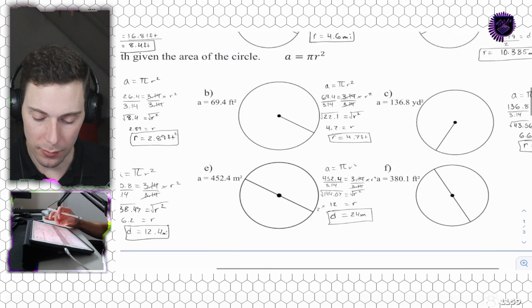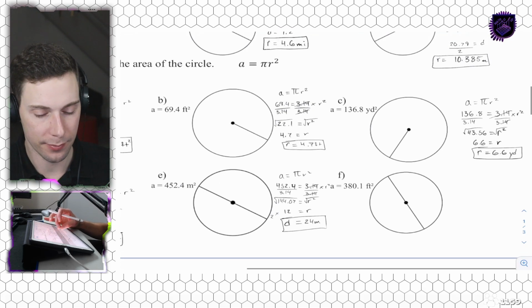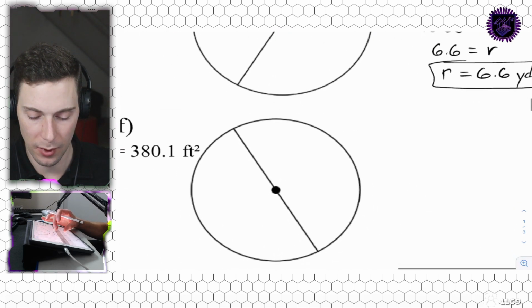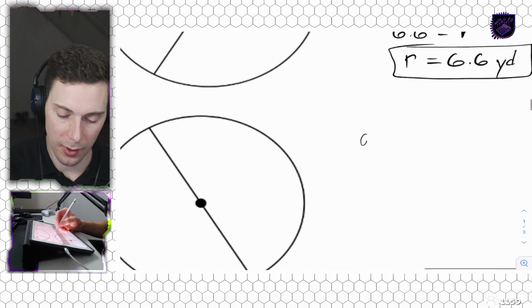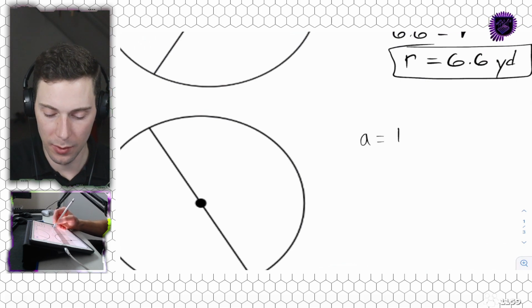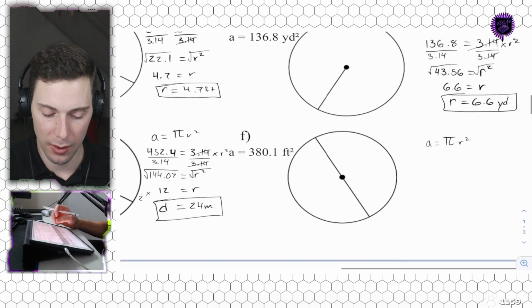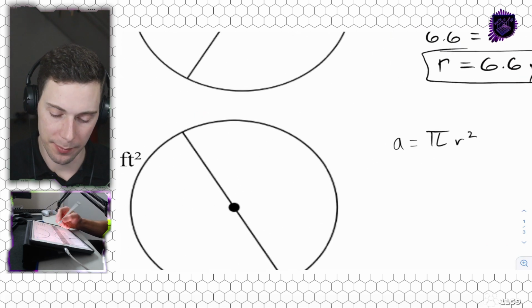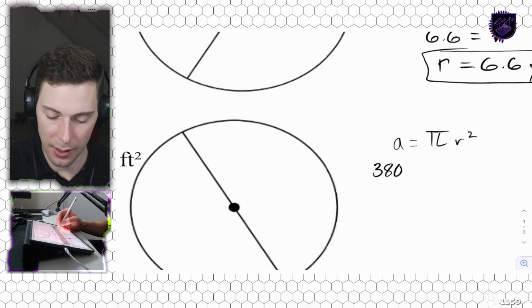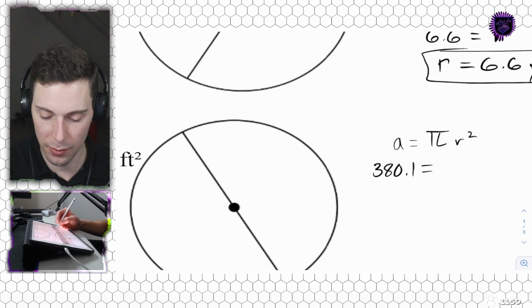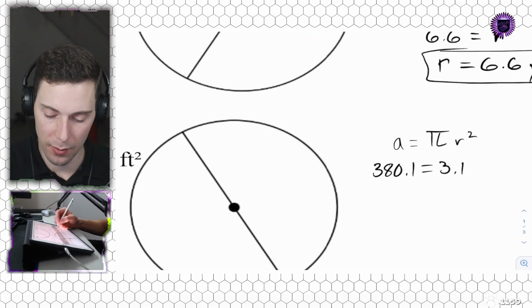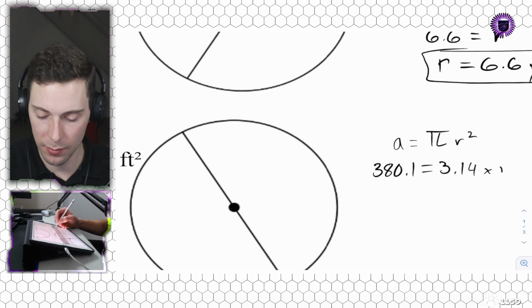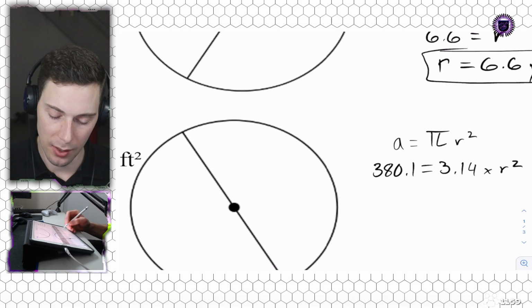Okay, last one here. Let's do our formula. Area is equal to pi times radius squared. Area is 380.1. 380.1 is equal to pi times radius squared.